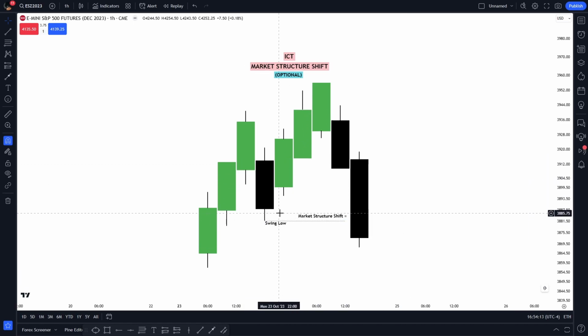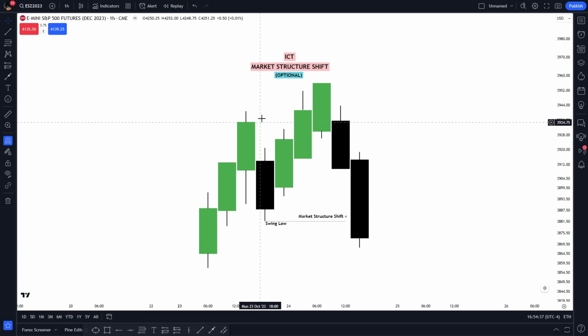So if we take a look at my screen right now, we have a swing low right here because this wick is lower than this wick and this wick. So that would be a swing low. Had it looked like this, it would not be a swing low. This would now be the swing low because this is lower than this and this, right? So swing lows and swing highs are a three candle pattern, right?